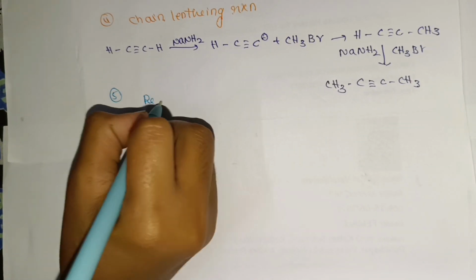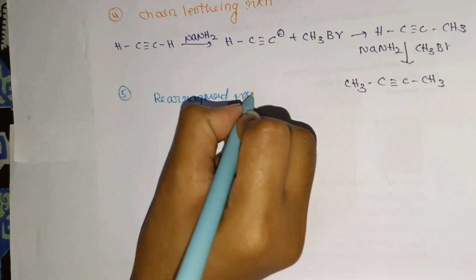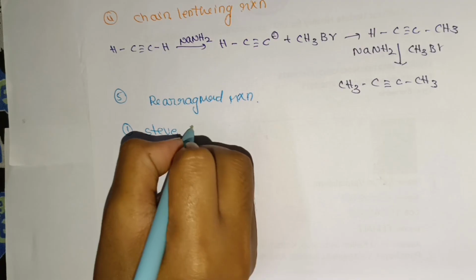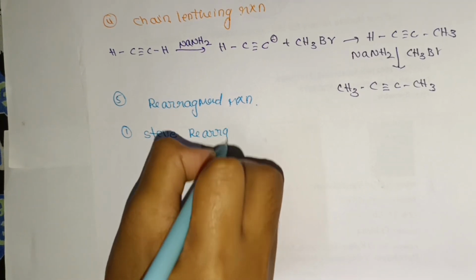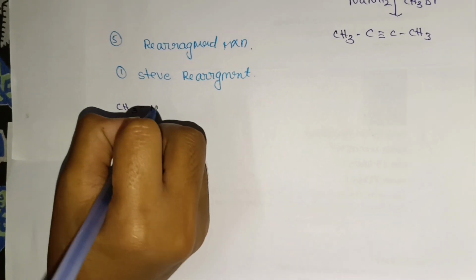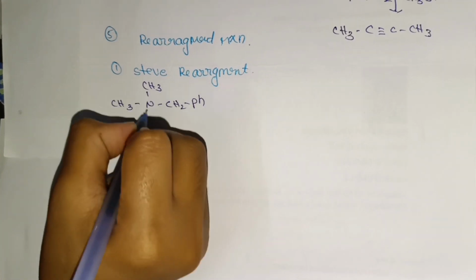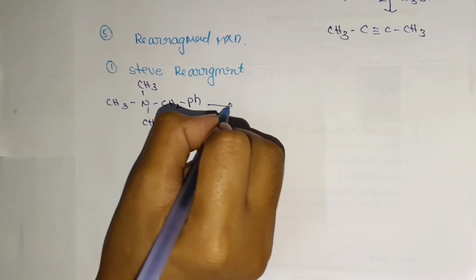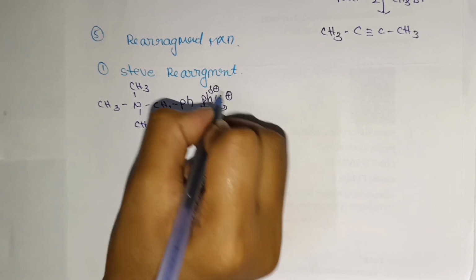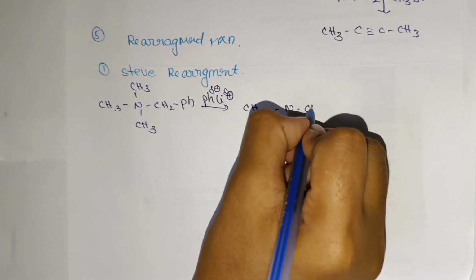Fifth one is rearrangement reaction. In this rearrangement reaction, the first one is Stevens rearrangement. Here is a quaternary ammonium. It reacts with phenyl lithium. This is positive and here a partial negative charge. It forms like this.